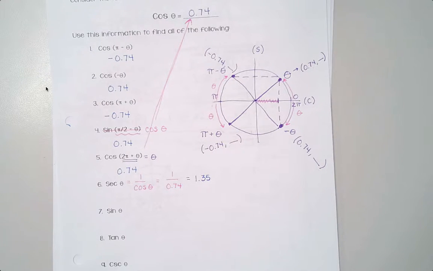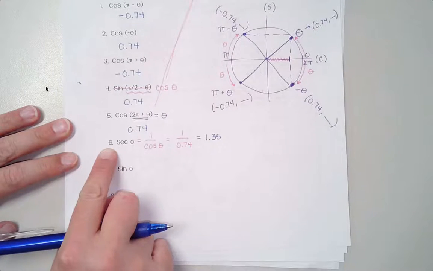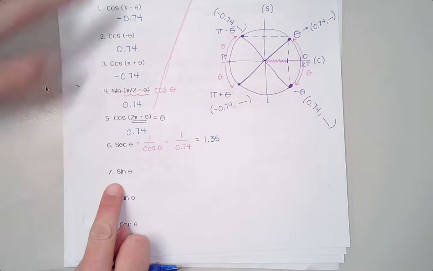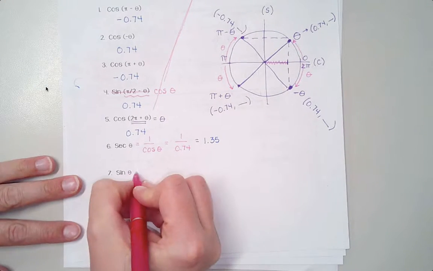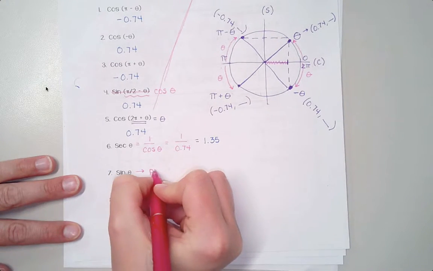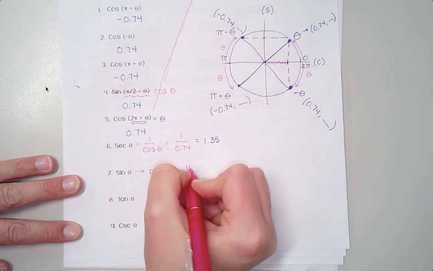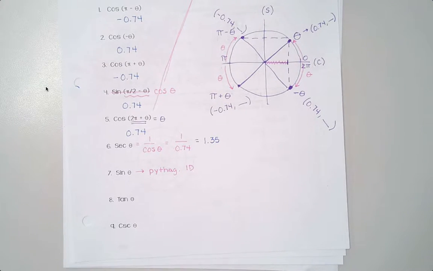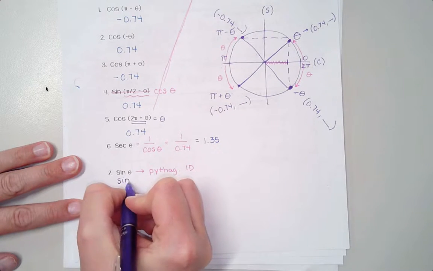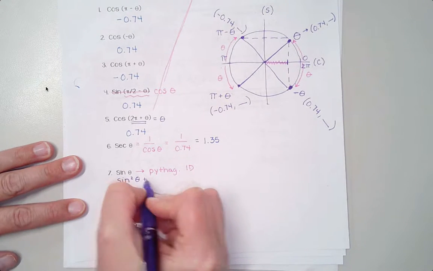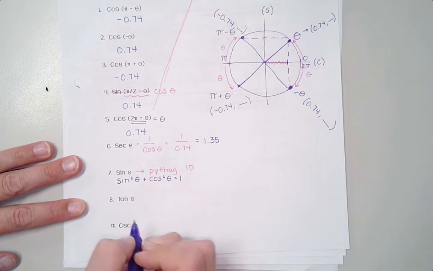All right. This one here is where we actually have to do some calculations. I guess in secant we had to do some calculations too. But if I'm given cosine theta and I'm trying to find sine theta, this is where I'm going to have to use the Pythagorean identity. So I'm going to go sine squared of theta plus cosine squared of theta equals 1.